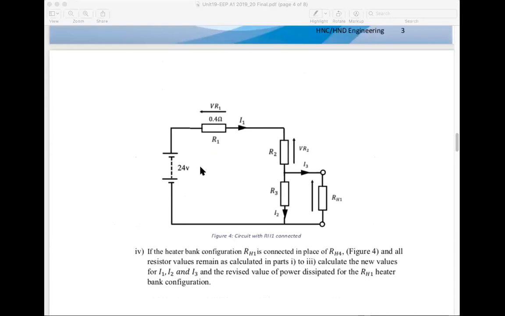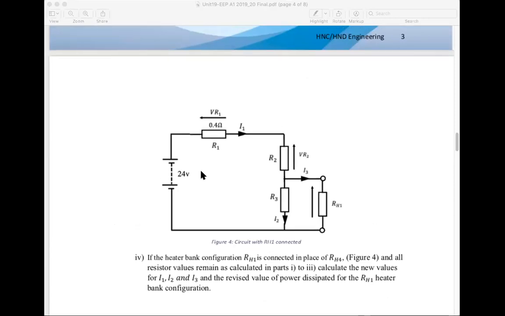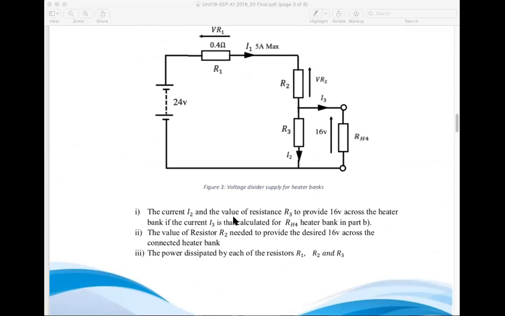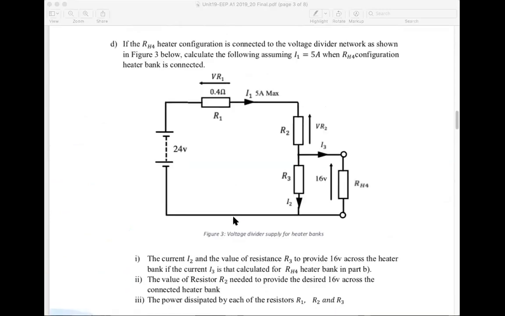Is that right? Yeah, in this diagram, in figure 4. And if you scroll up a little bit more, there's that other diagram in part I. It says 16 volts across RH4. Yes, I've labelled that VR4. Is that all right? Yeah, that's fine.